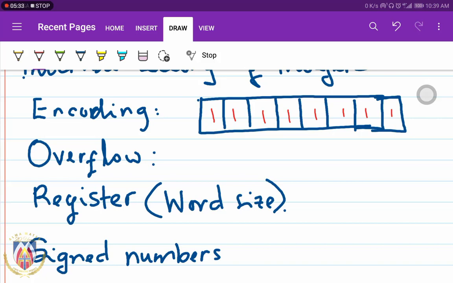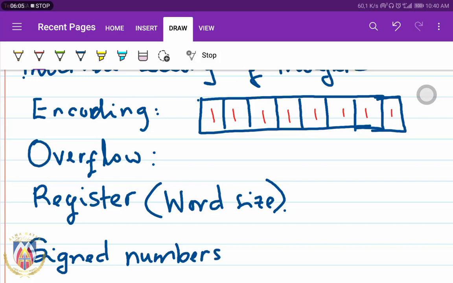Now we may run into a common case where our register is smaller than whatever we want to store in there. For example, if we want to store 9 ones in binary, but we have an 8-bit register, then we are going to run out of space. We don't know where to put the other one. That is an example of overflow.